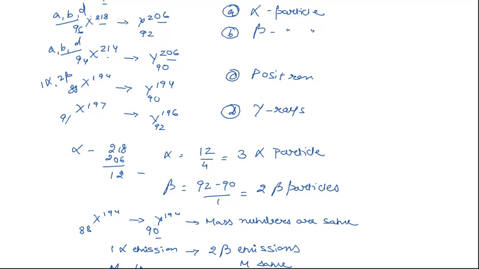Now in the last case, students, the mass remains the same, and listen, gamma particle will be released in each and every case. Here the atomic number is increased by 1. So what type of emission will be there? There will be the beta particle and the gamma particles. Right? So this is the way we can find out the emissions.